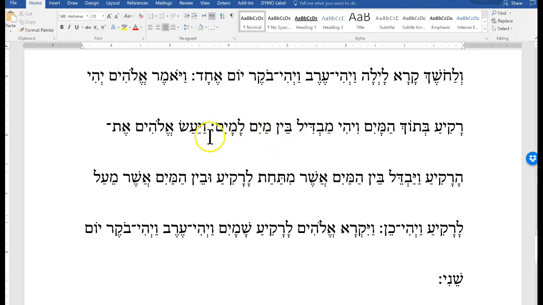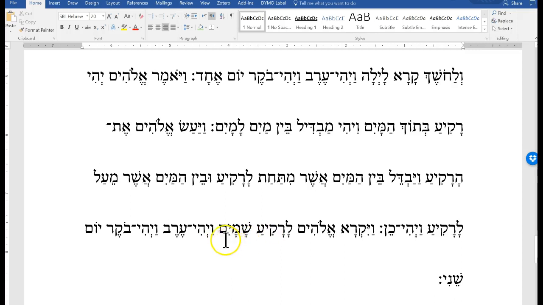Between the waters to the waters, and Elohim made the rakia, and it caused a division between waters which were underneath the rakia and between waters which were from upon to the rakia. And it was so. And God called to the rakia Shemayim, heavens.